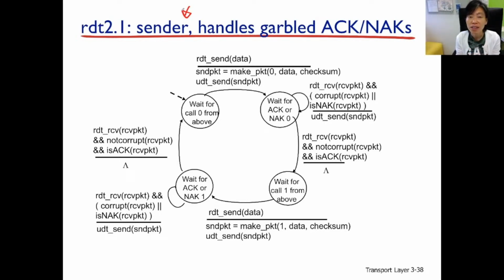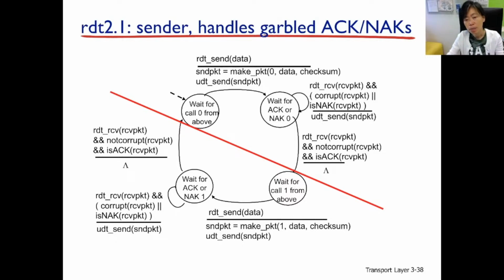So this is the sender side of RDT 2.1, which is the version of reliable data transfer that handles a corrupted ACK coming back from the receiver. Now, the easiest way to look at the finite state machine here is by drawing a line separating the two mirror parts. If you look at the upper part, this looks like the wait for call from above state in the RDT 2.0 sender, isn't it?